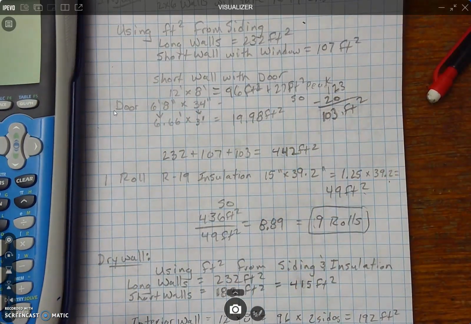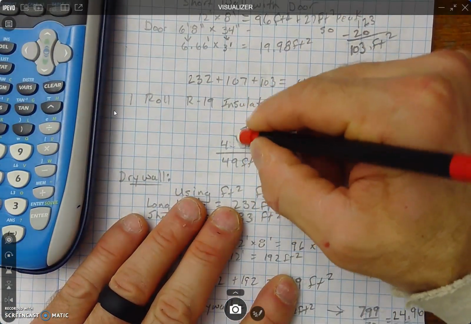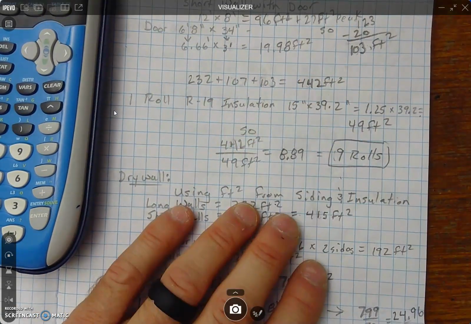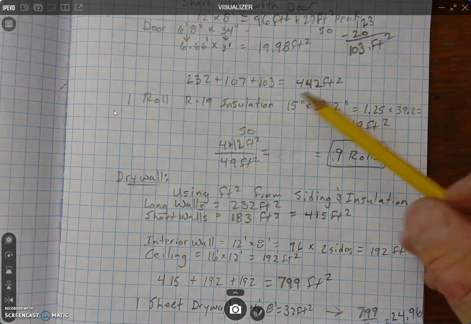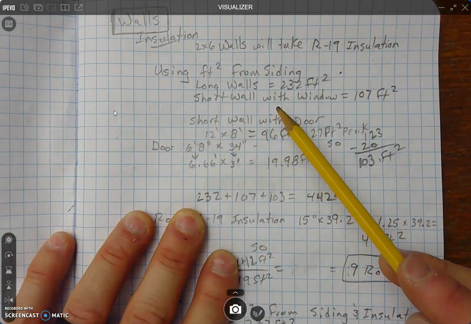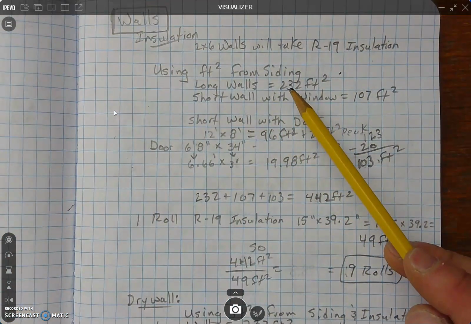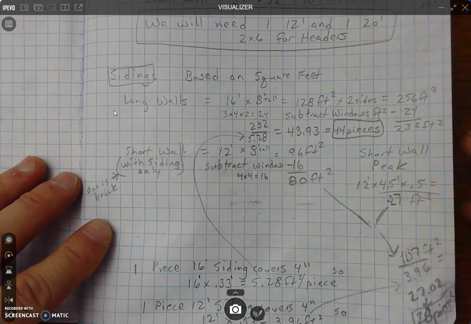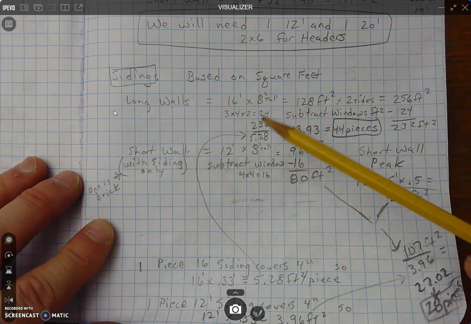So when we come down here, I take my 232 from my two long siding walls. That's minus my windows. If I flip back, you'll see that I subtracted my windows out of those. That would be right here that I did that.